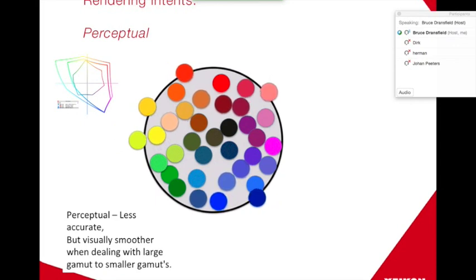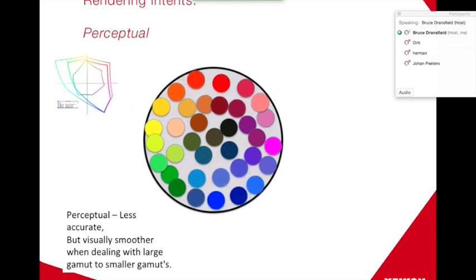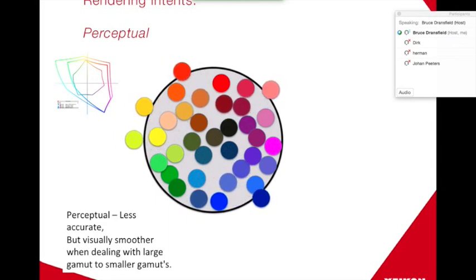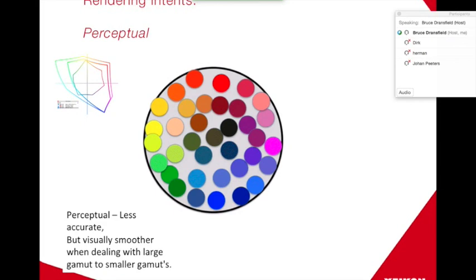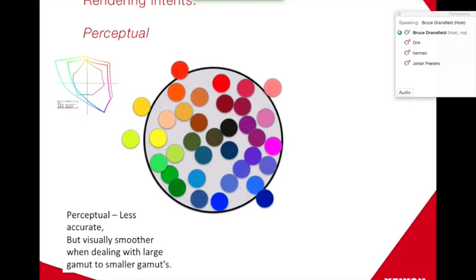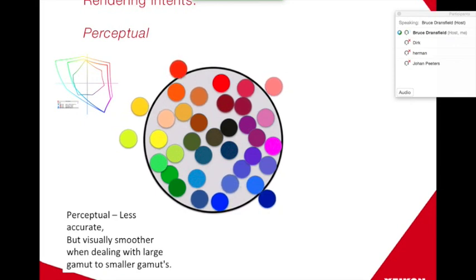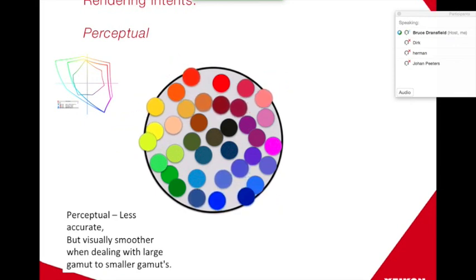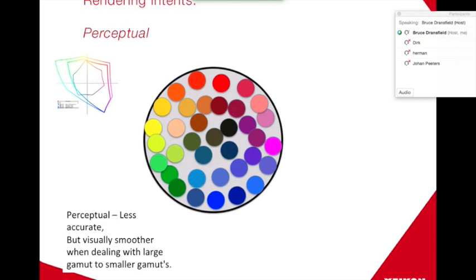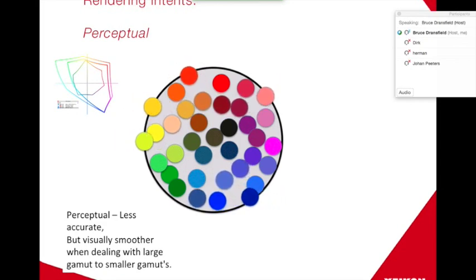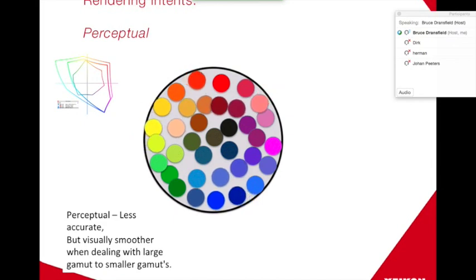So ideal for RGB printing, but also ideal when you've got a printing process which has a very, very small gamut, let's say newspaper, and we want to make the most and make the best kind of images possible on that kind of substrate. So it's not necessarily RGB to CMYK, it can be a CMYK to CMYK situation.